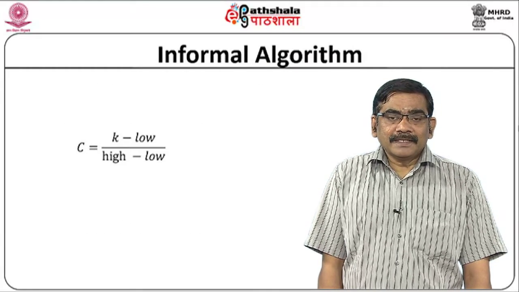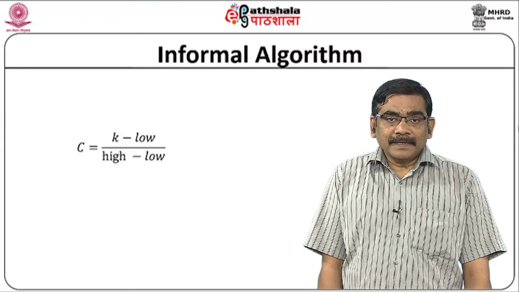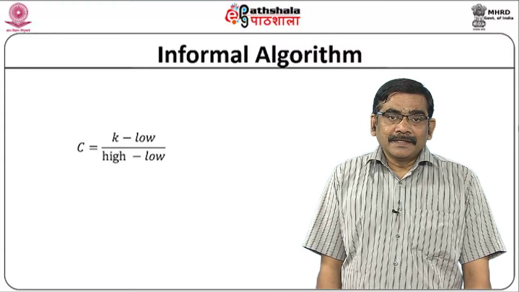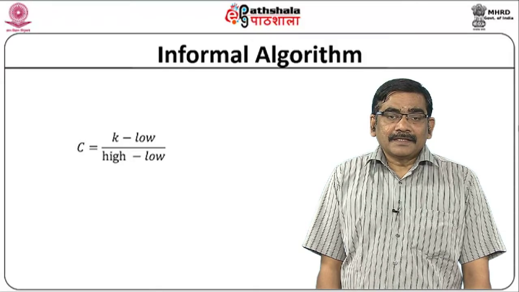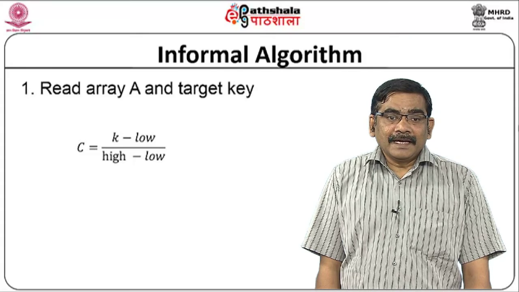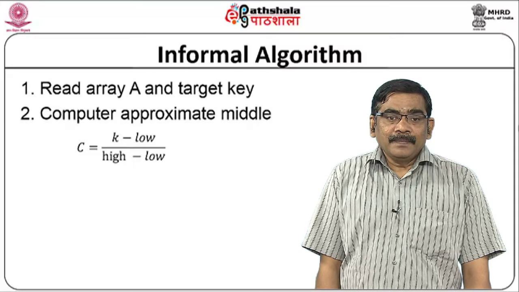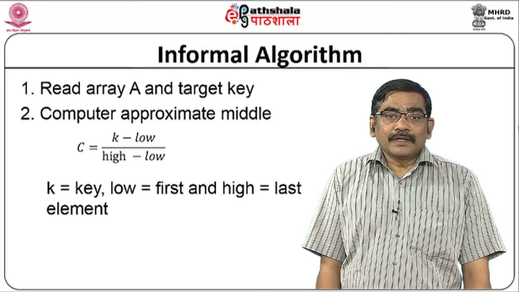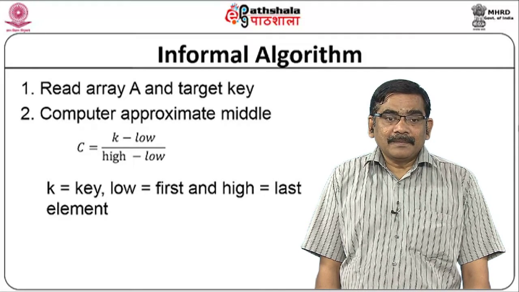The logic is very simple: how to find the middle. This is not the exact middle, this is the approximate middle. It is obtained by the formula (k minus low) divided by (high minus low), where k is the key, low is the first element of the given array and high is the last element of the given array.